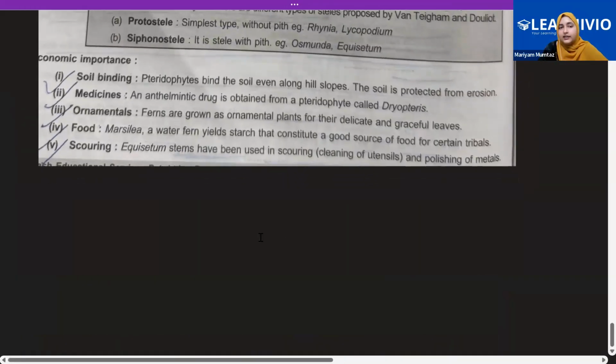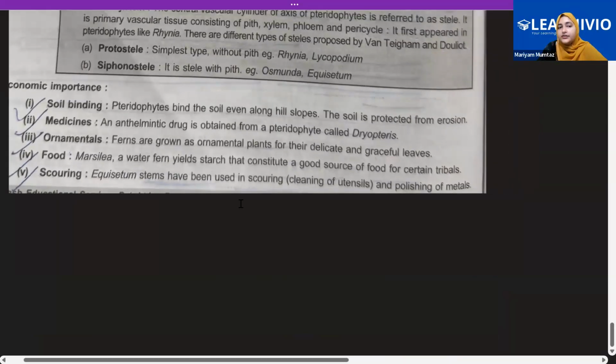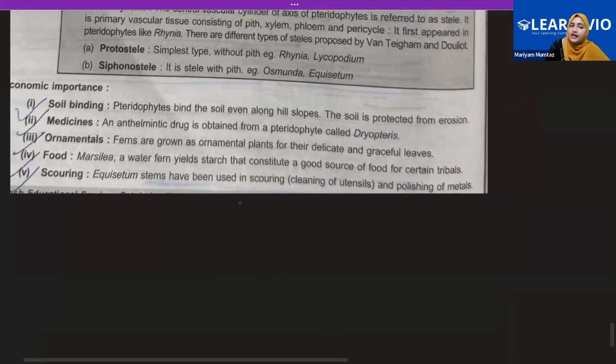Now, lastly, looking at the economic importance of the pteridophytes. They also prevent soil erosion because they bind the soil very tightly. Many of them are used as medicine, such as Dryopteris, which is used to make an anthelmintic drug, meaning against the worms.